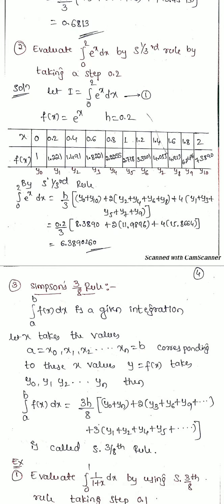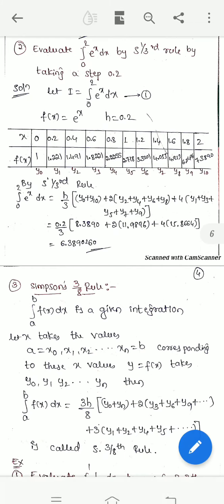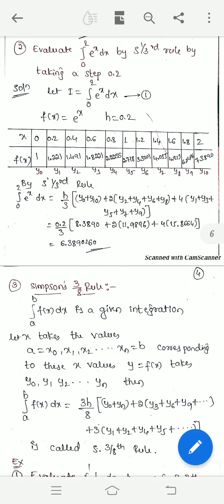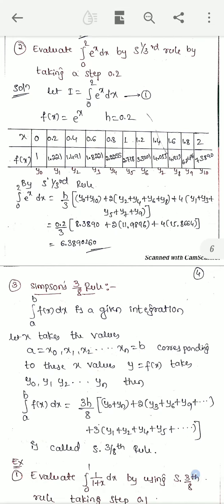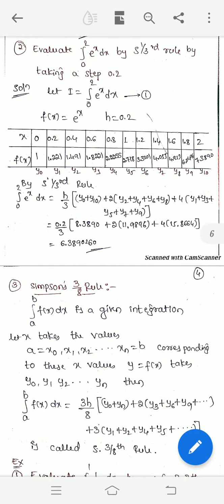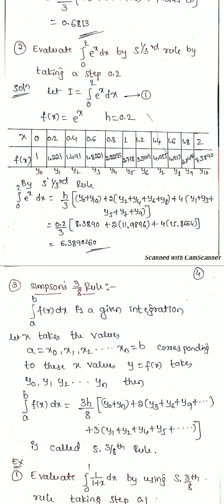With this we have to construct the table of x values and f of x values. Here the x values are 0, 0.2, 0.4, 0.6, 0.8, 1, next 1.2, 1.4, 1.6, 1.8 and 2. Then corresponding to these x values we evaluate the y values.